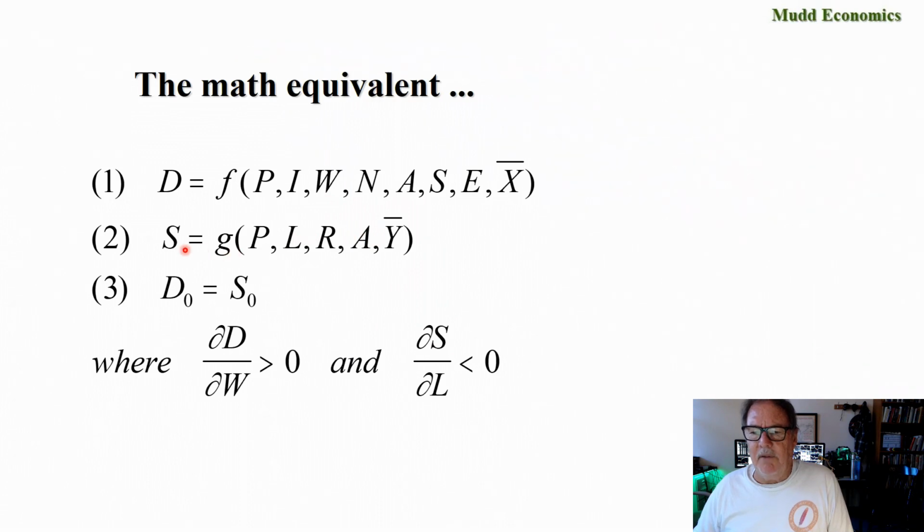And we have a supply curve that is a function of a long list of similar but also other variables. The x and y vectors here in this notation means that we can add just as many variables to this as we want, depending upon our complexity of the model.